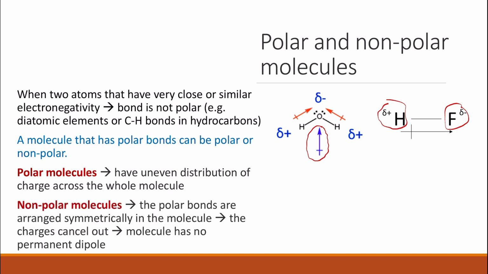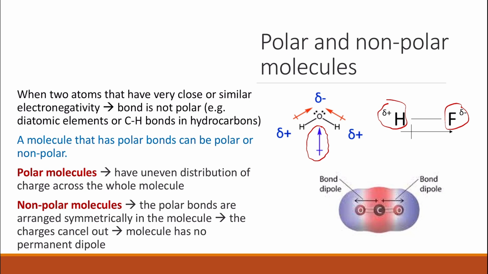However, in non-polar molecules, the polar bonds are arranged symmetrically in the molecule, so there is an even distribution of the charge across the whole molecule, and the charges cancel out, so the molecule has no permanent dipole. We can see that in the case of carbon dioxide.